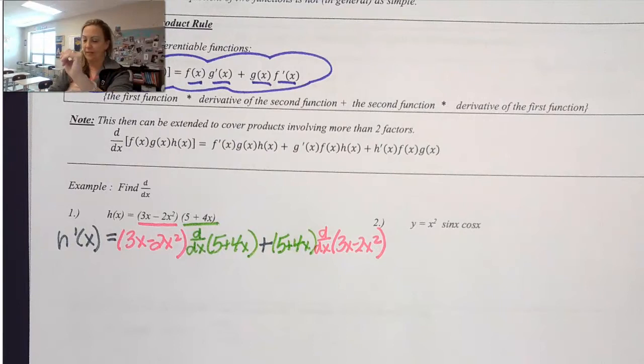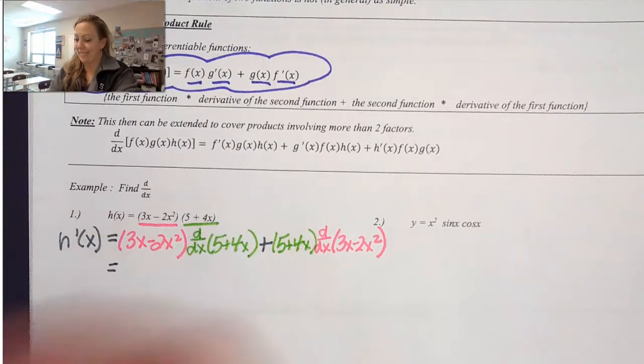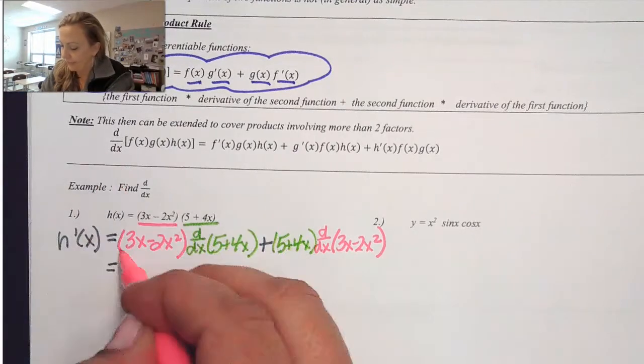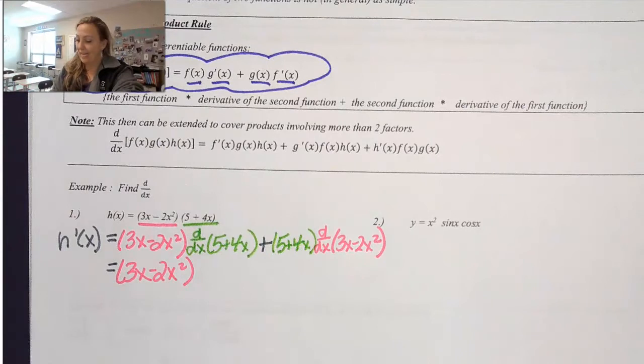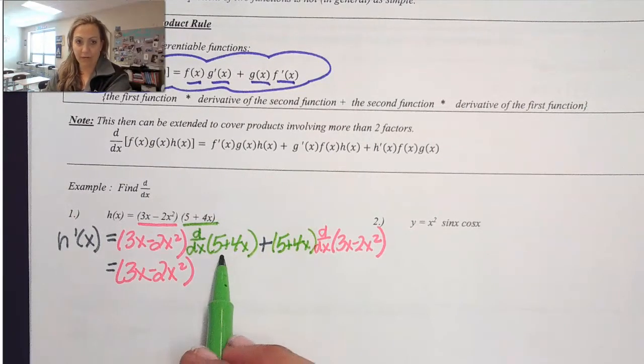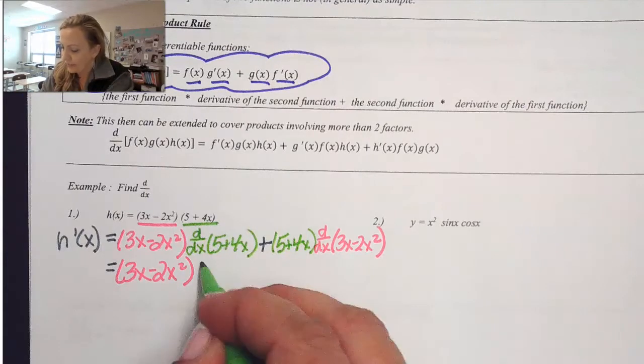Okay? So let's find those. Let's start by taking the derivative of that second function. So I have 3x minus 2x squared times the derivative of 5 plus 4x. Based on our work so far, hopefully you see that that's just going to be 4.